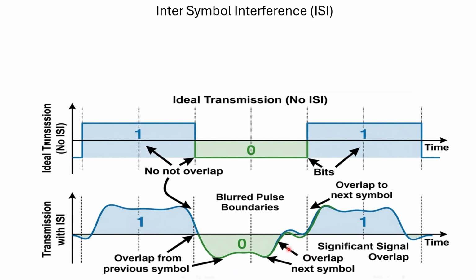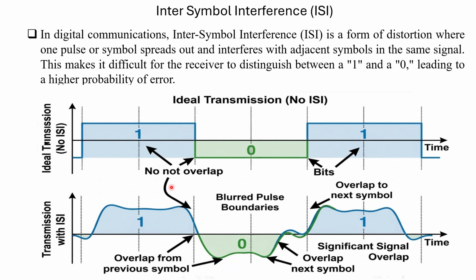And in this case also we want to send 0, but it's not 0, it's near to 1. So these are the regions where the data is getting confused whether it should be 1 or 0. In the overlapping regions, both 1 and 0 overlap. That is called inter-symbol interference.